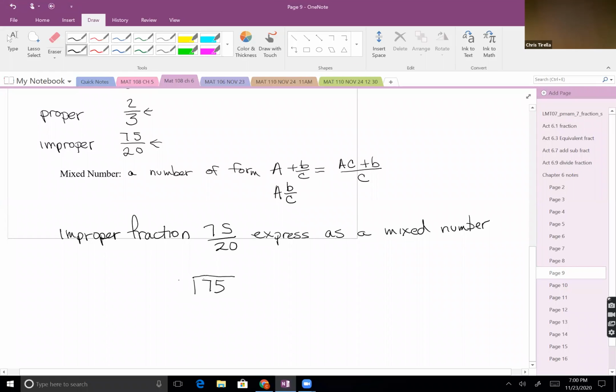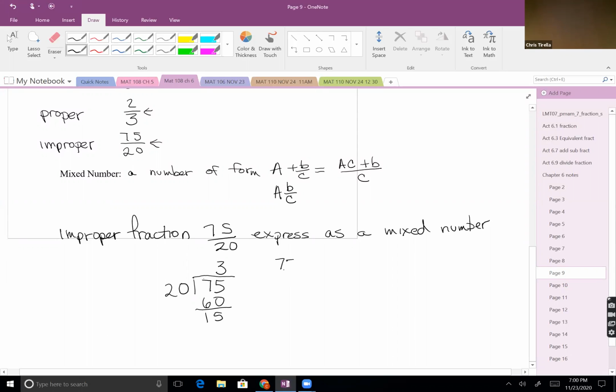Remember taking that numerator and dividing it by the denominator, which would give us a quotient of 3 and a remainder of 15.